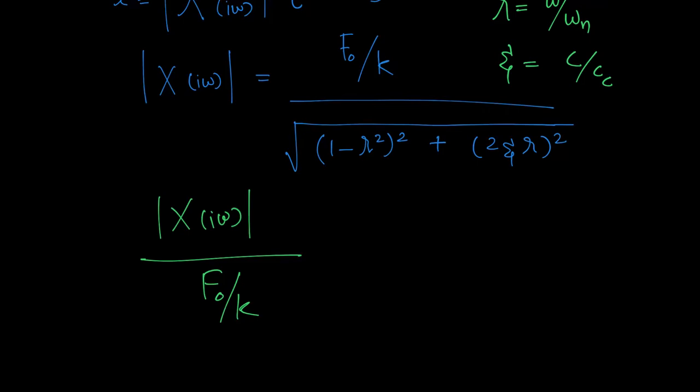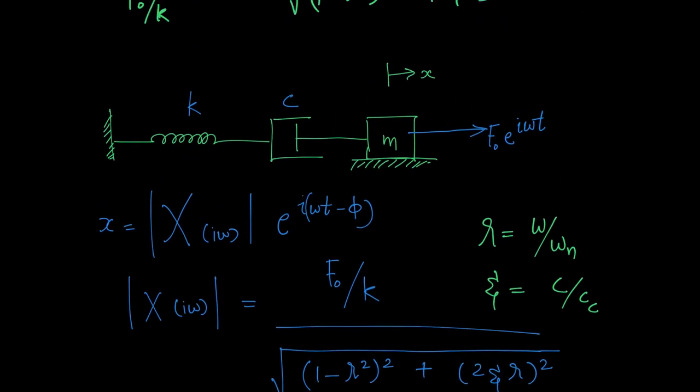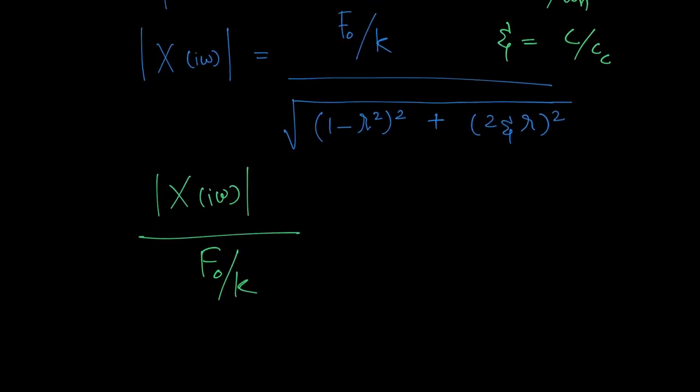Let's say I'm simply applying that f0, which is no longer harmonic, I'm just pulling the system by an amount f0. Then what would be the deflection in the system? It will be simply the force f0 divided by the stiffness of the spring. So that is the static deflection.